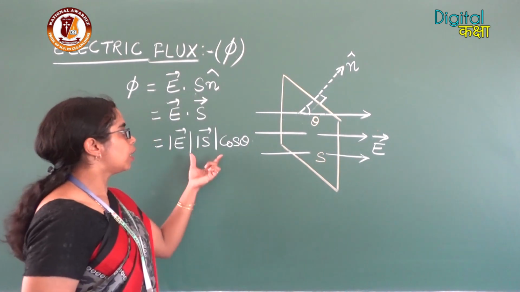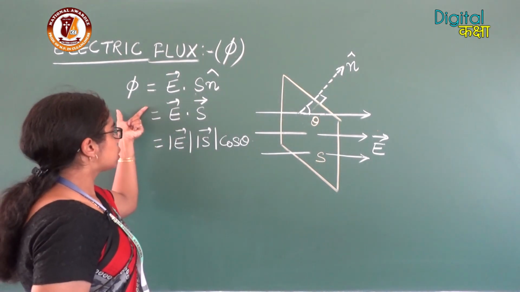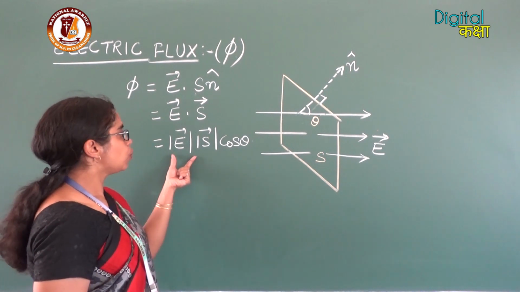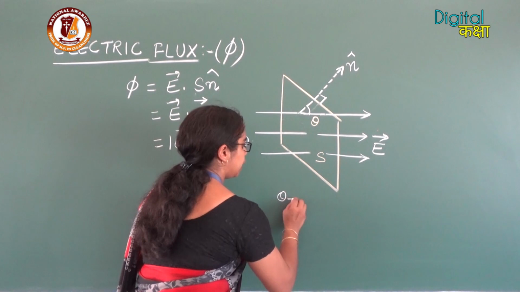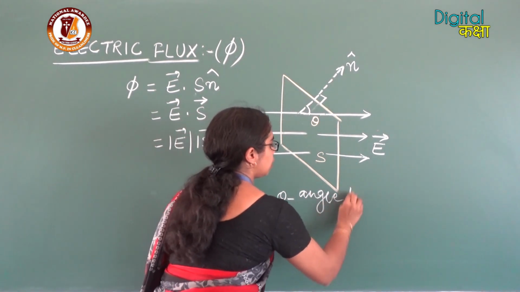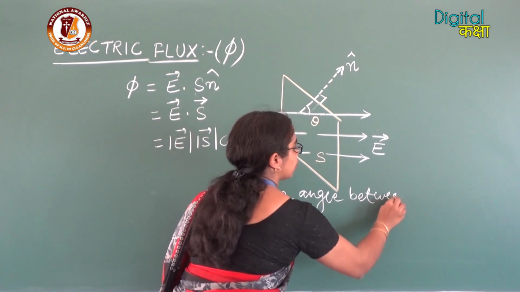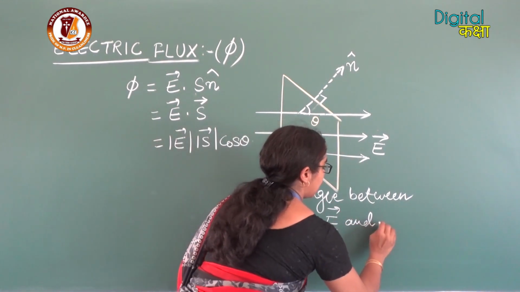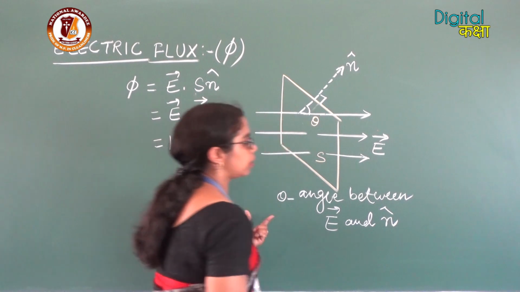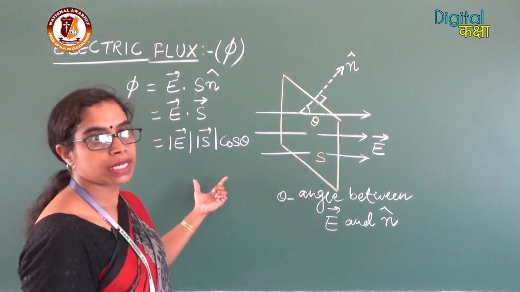So in the formula of electric flux, magnitude of E, magnitude of S cos theta, theta is the angle between the two vectors, that is the electric field and the unit vector drawn normally on the area.